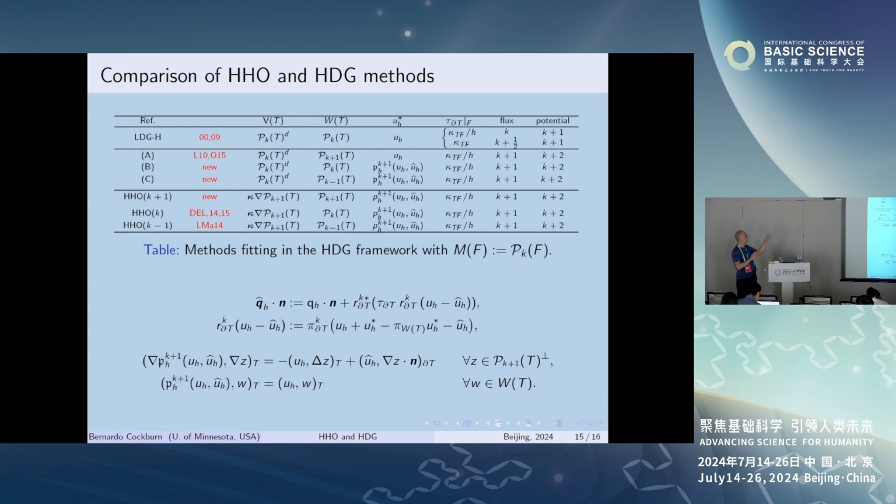You don't have to add anything like that, but it's not optimal for any polyhedral. So there is something that has to be improved there. And what the HHO people have done is they show how to increase the accuracy by coming up with this special stabilization. Yes. Does this answer your question?